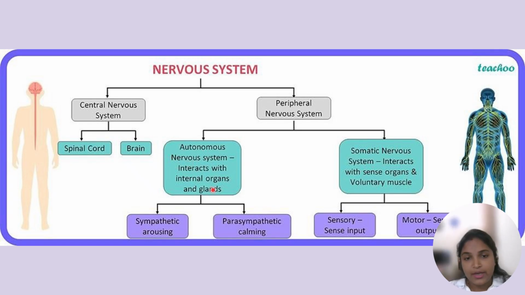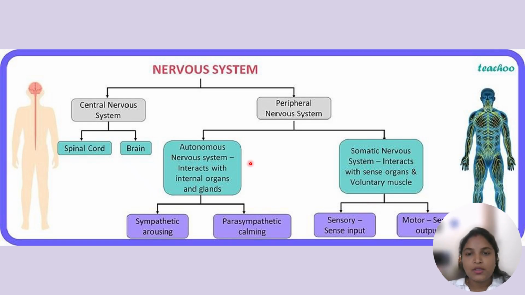The somatic nervous system interacts with the somatic, S for somatic and S for senses. Sensory and voluntary muscles means the muscles which are in our control, not automatic, controlled by us, that means consciousness.